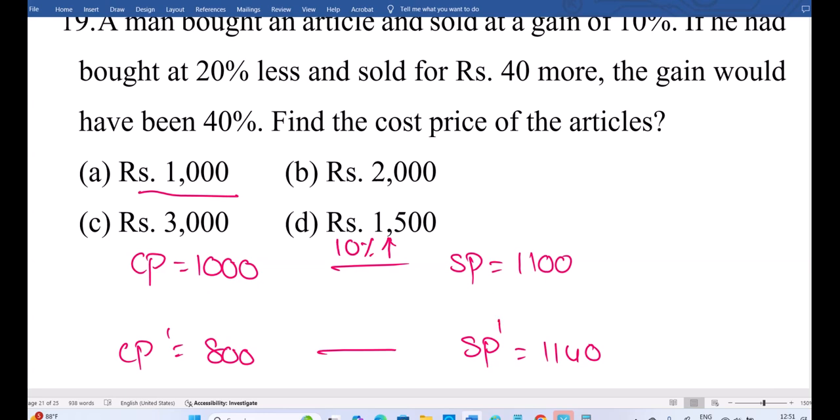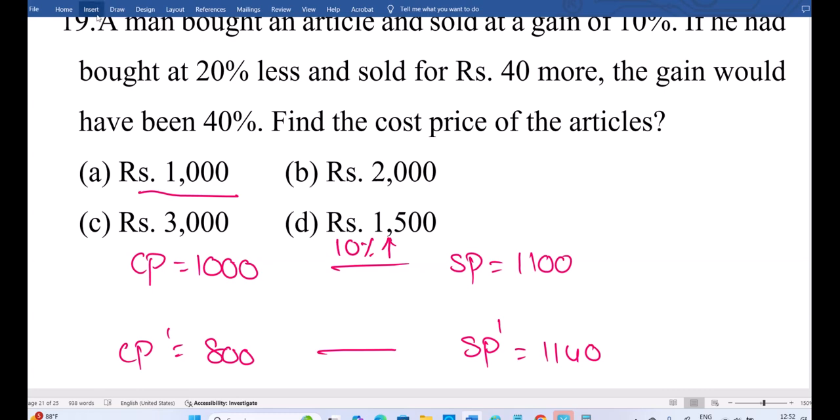Now calculate the gain. If gain is 40%, then this option is correct. Is the gain 40% here? How much increase? 340. So 340 is not 40%. So it's wrong. Then try for 2000.